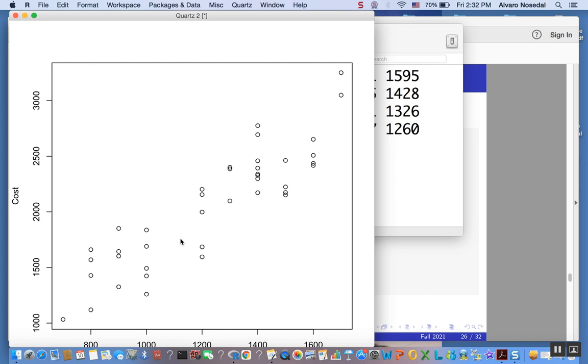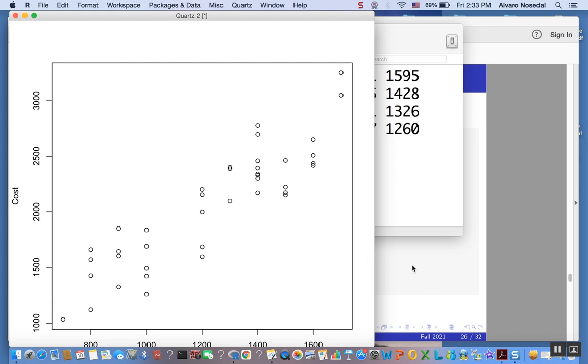For the slope, we're going to be using 1.5, and we're going to be using a value of 250 for sigma. Those values will be used in our simulation, but again, in practice, they are unknown.